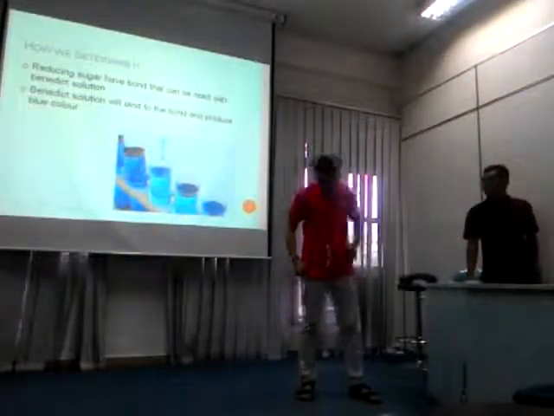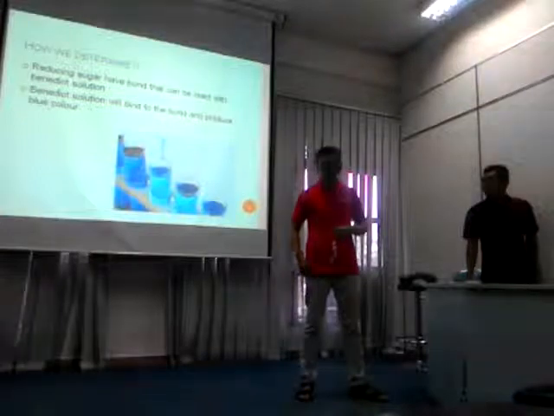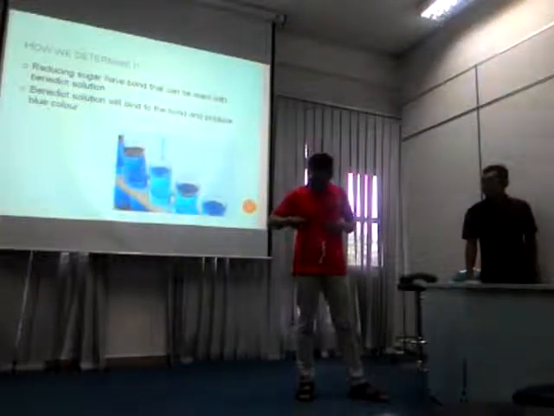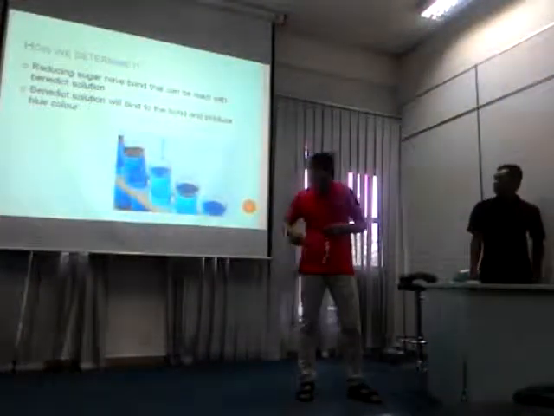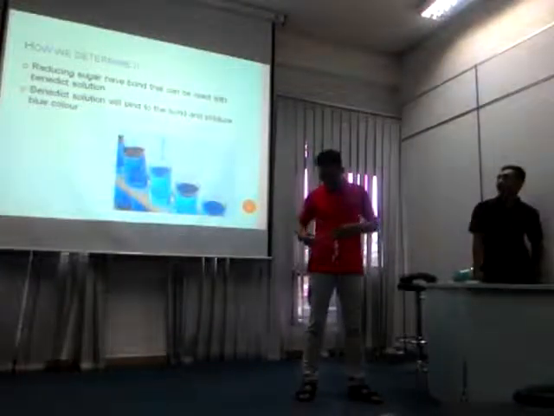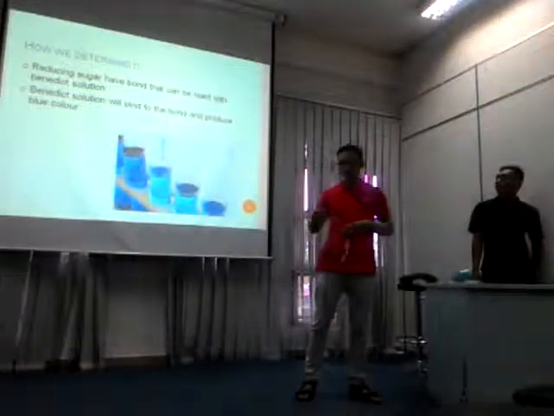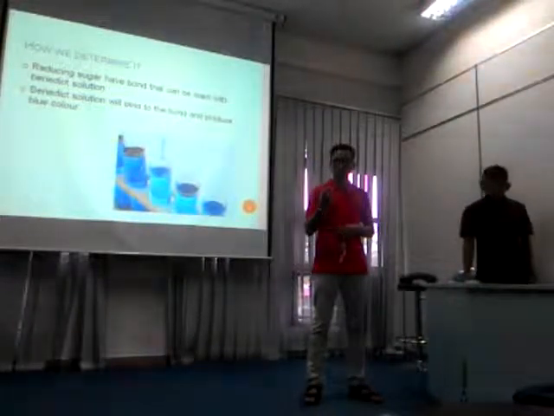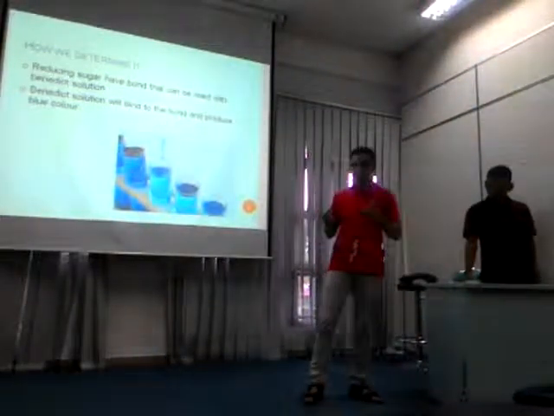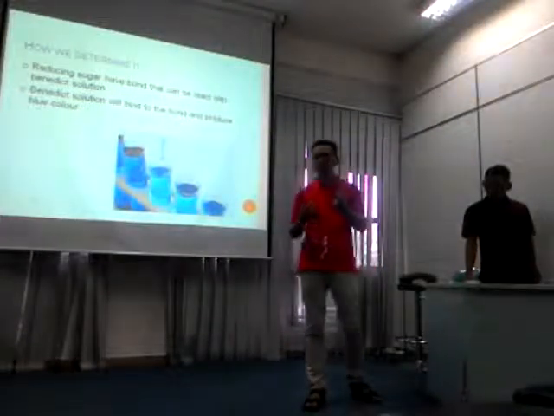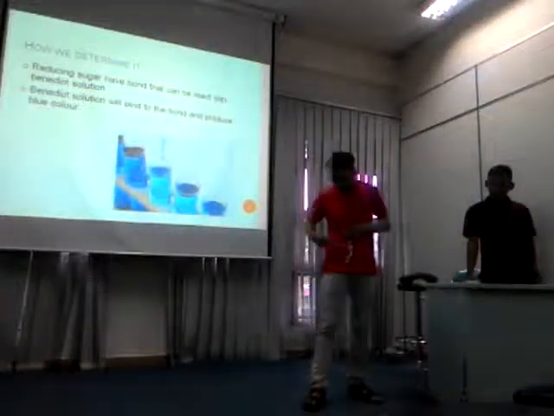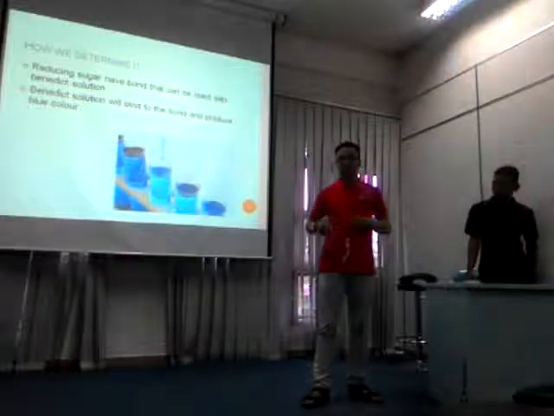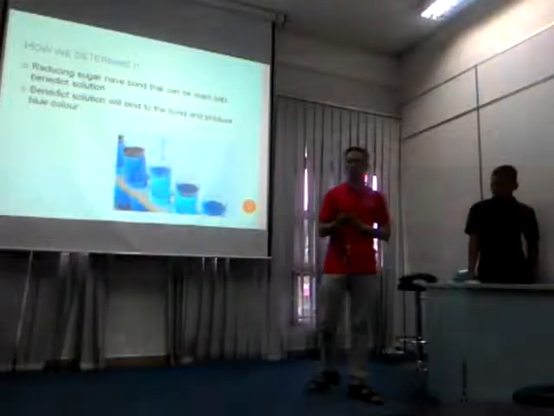For example, like the bonding between the molecules in my shirt, reducing sugar has special bonding between the molecules, and the Benedict solution will attach to the bonding and produce a blue color.